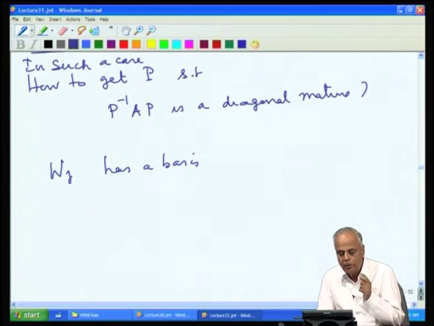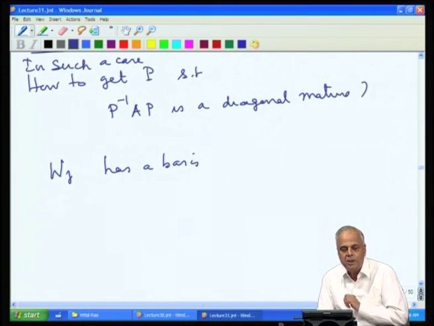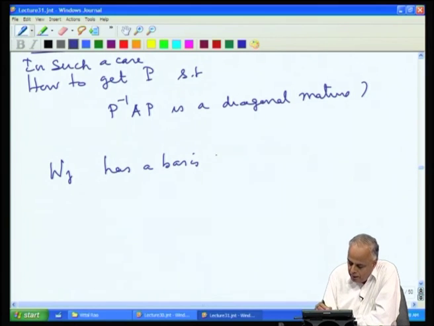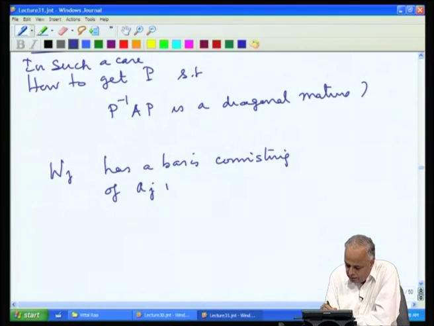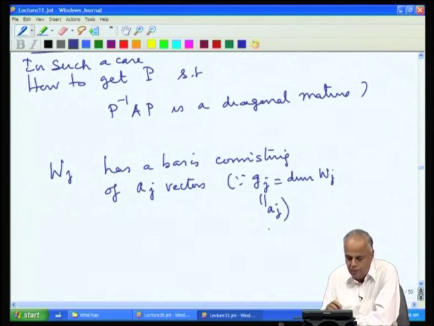Now, its dimension is the geometric multiplicity, and because the geometric multiplicity is equal to the algebraic multiplicity, its dimension is a j, and a basis will consist of a j vectors. This is what we are assuming.